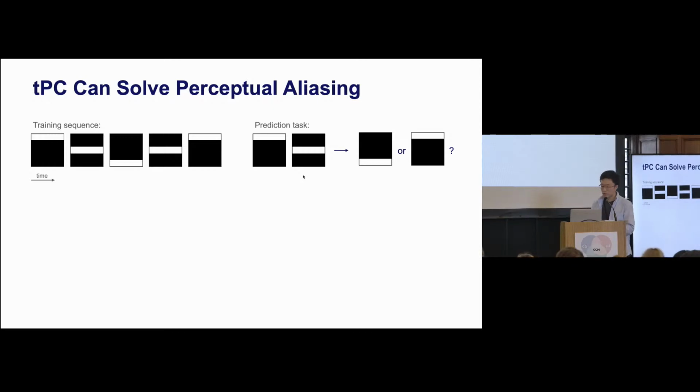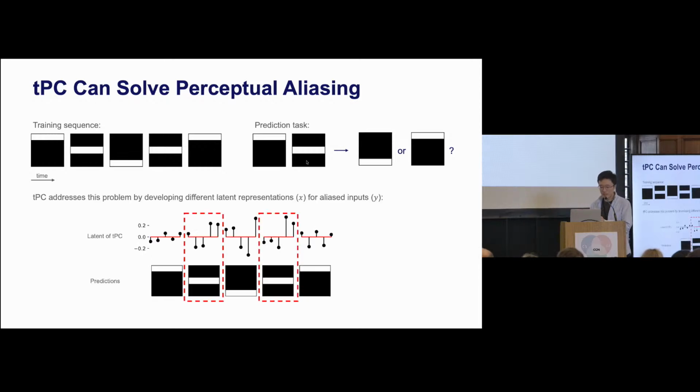The challenging bit of this task, if you look at this example on the left, is that if you look at this sequence of stimuli where a white bar is first moving down and then up, the second frame and the fourth frame are exactly the same. So if you want to, based on your current observation, which is on the second or on the fourth frame, try to make a prediction of the next frame, you'll have a problem because they are exactly the same. So this is called the perceptual aliasing problem.